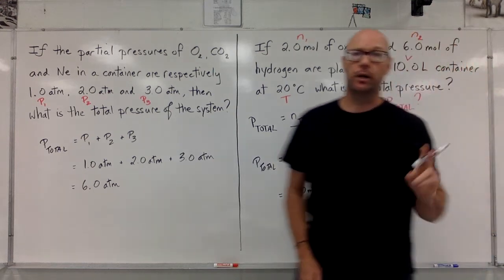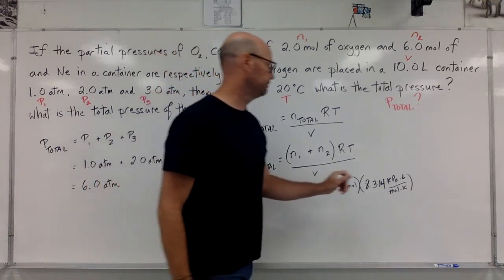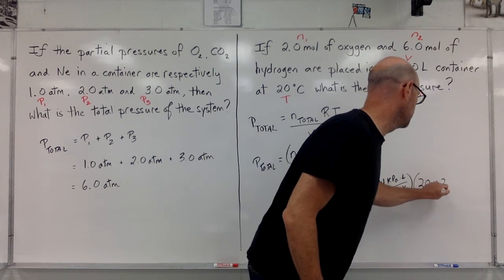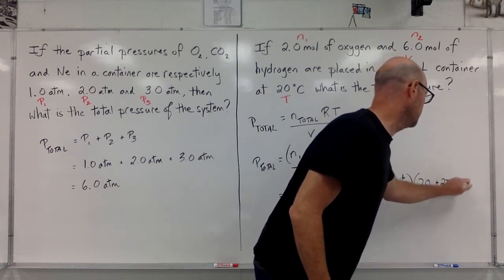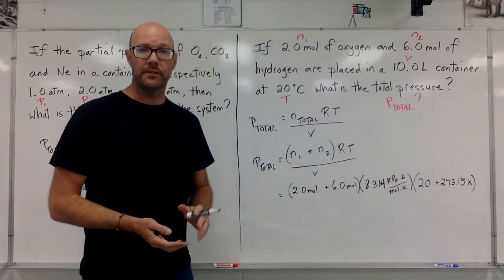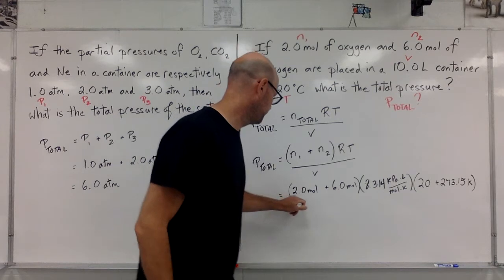And the temperature is 20 degrees Celsius, which we must convert into Kelvin. 20 plus 273.15 Kelvin. All of this is going to be divided by the volume, our 10 liters.